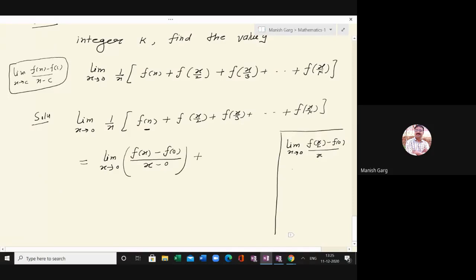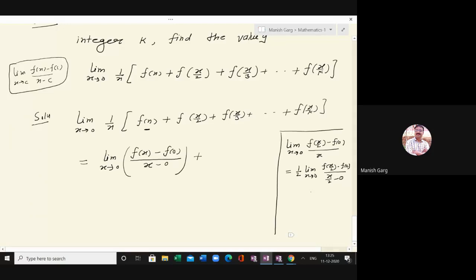Now here you can write this is 1 by 2 limit x tends to 0 of f x by 2 minus f0 over x by 2 minus 0, multiplied by 2.